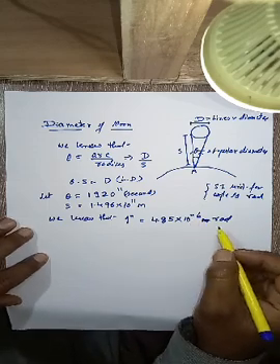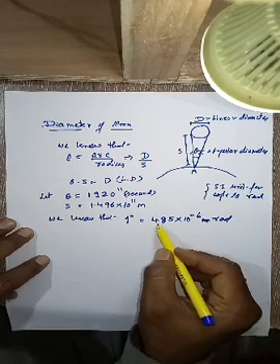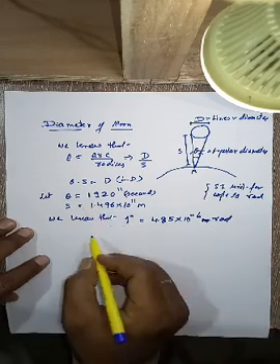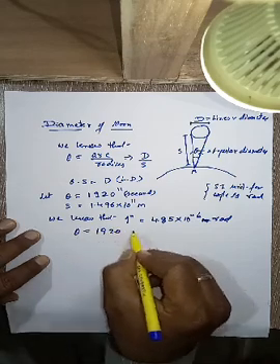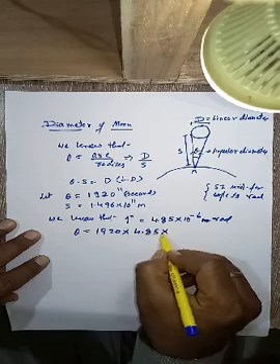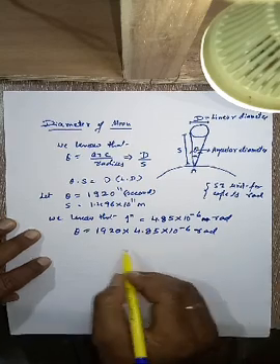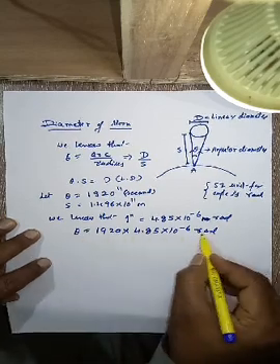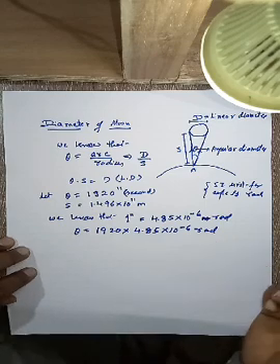Okay. So we will multiply this with our given value. That is, theta equals 1920 into 4.85 into 10 to the power minus 6. Okay. So theta comes out in radian, that is the SI unit.